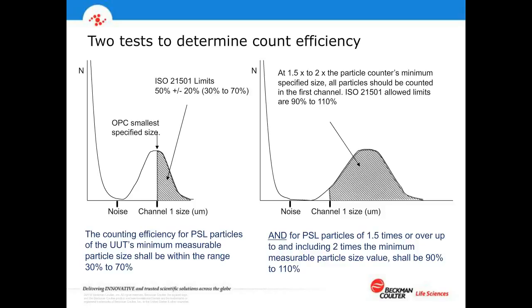We should be able to see ideally 100% plus or minus a small amount. In fact, plus or minus 10%. So counting efficiency under 21501 involves 2 steps. A size of particles that's right at the minimum threshold capability of the counter, and a size that's 1.5 to 2 times, and we should see 100% in that second test.